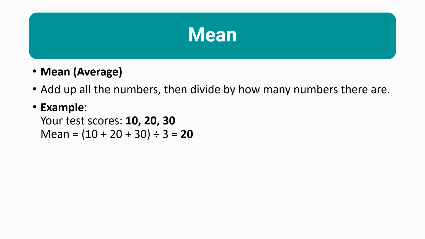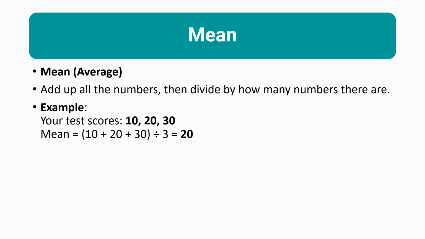For example, in a class, if students are scoring 10, 20, 30 marks individually, we can tell that the average marks for that class would be around 20. How do we get that? We can add 10 plus 20 plus 30 and divide by 3. 3 is the number of items.